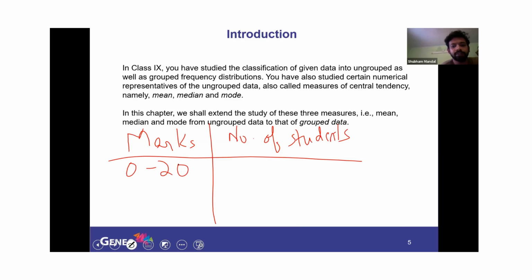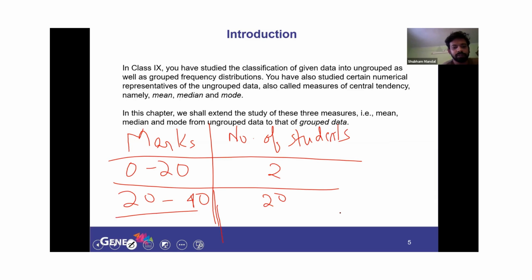Marks 0 to 20, 2 students. 20 to 40, 20 students. 40 to 60, 5 students. Something like this.